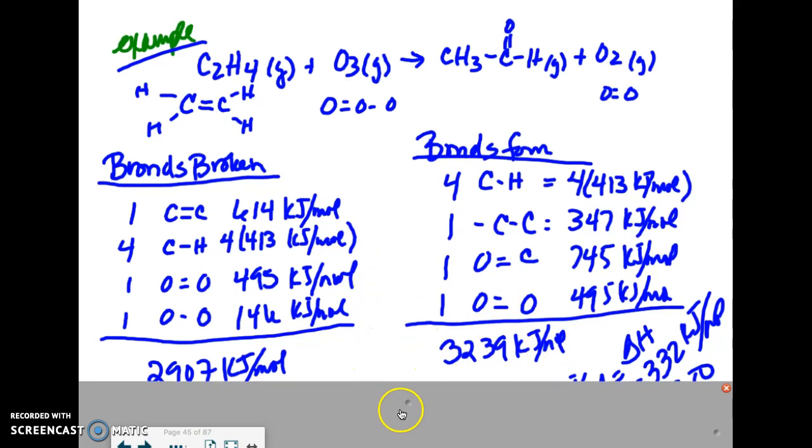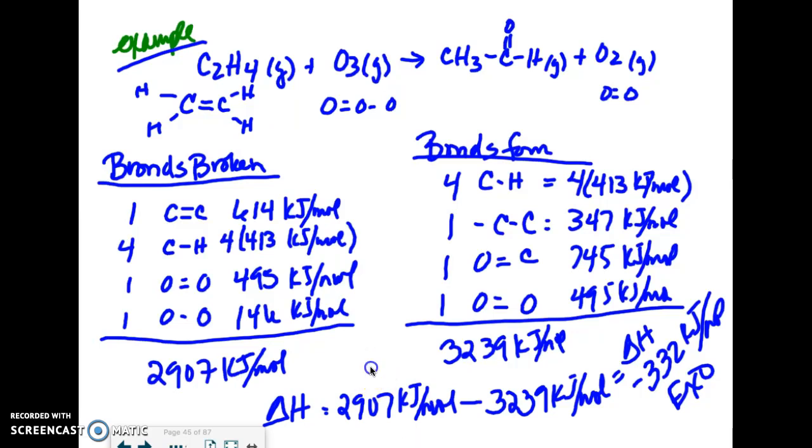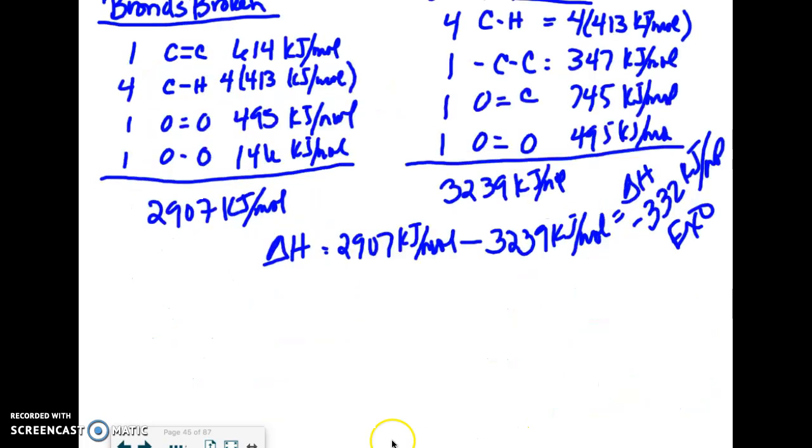So let's see if we can get this bigger here. I'm going to get rid of the shade. When we get this a little bit bigger, you'll notice that the bonds broken take 2,907 kilojoules of energy, whereas forming would release 3,239 kilojoules of energy.